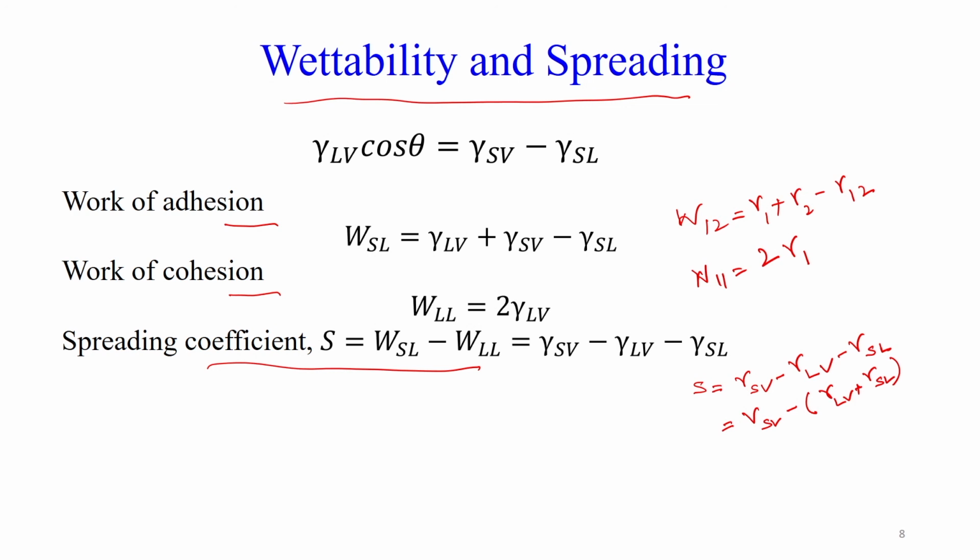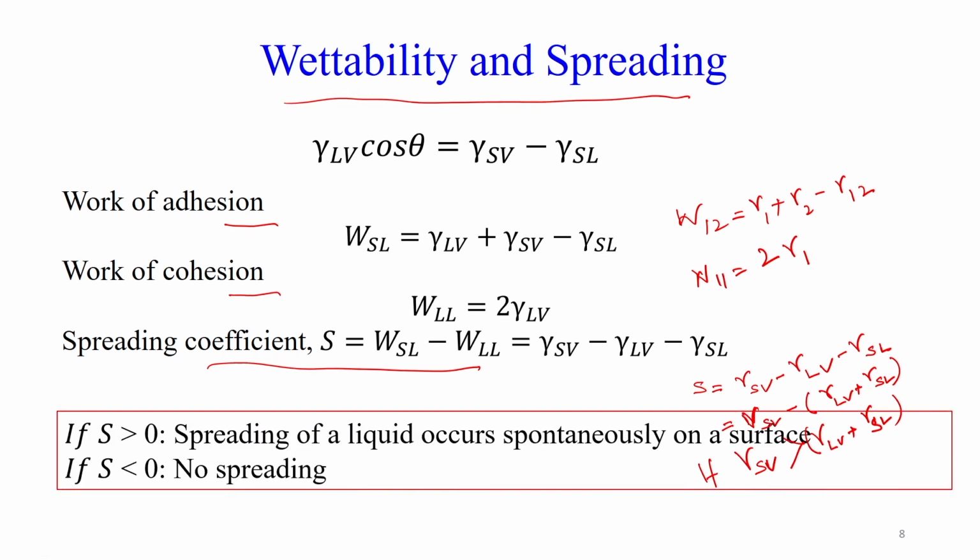Based on this difference, we should be able to calculate: if gamma SV is greater than gamma LV plus gamma SL, then S will be greater than 0. In this case the liquid will spread spontaneously on the surface, but in the other case, if S is less than 0, there will be no spreading or no wetting.